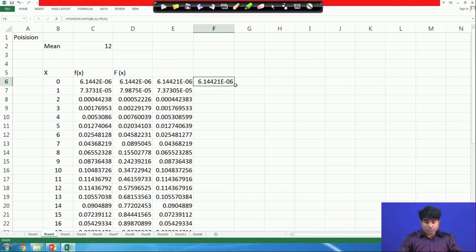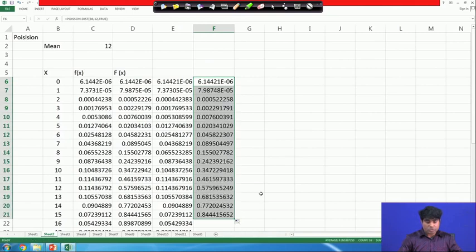So, this will give you the indication of the cumulative structure. So, this is how the Excel spreadsheet will help you understand the Poisson distribution depending upon the values of the random variable x and the mean of this particular parameter, right.